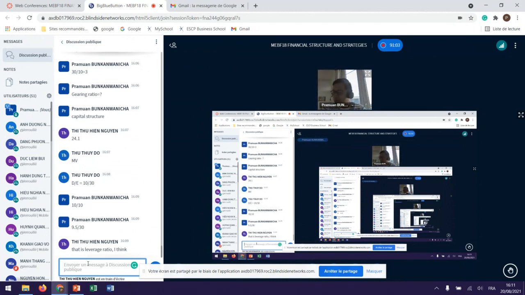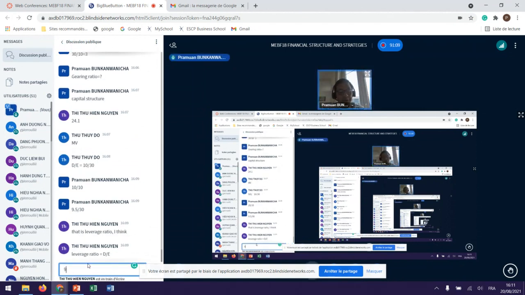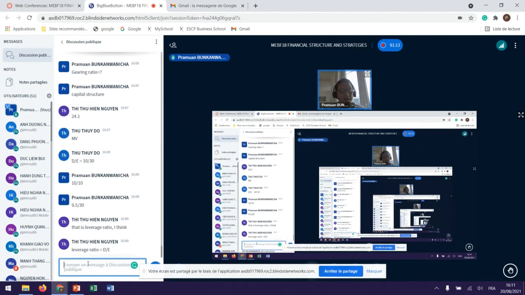What is the leverage ratio? For leverage, I can use the market leverage ratio, or you can use the book leverage ratio. Let's take the market leverage ratio.